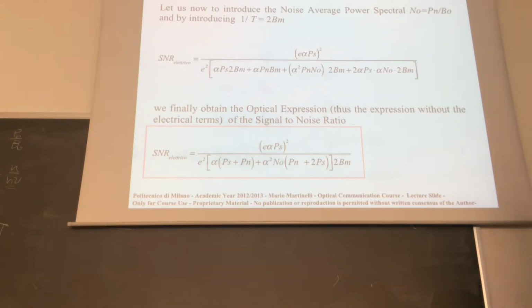Now I collect the 2Bm, I obtain this term. This finally is the signal to noise expression in electrical terms of the optical noise, because we have not yet considered the electrical noise. So you see that the signal to noise presents 4 terms.